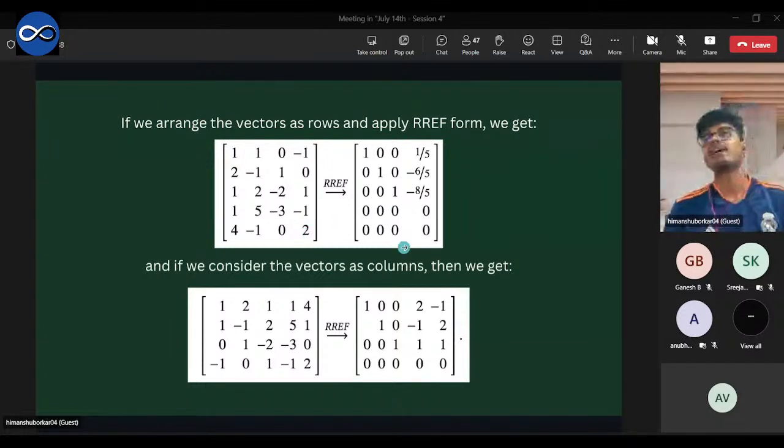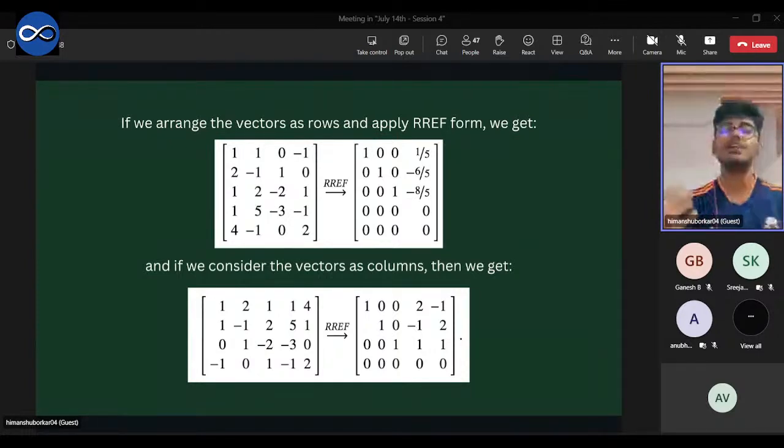So like an intuitive way of thinking it, I'm not really sure of that, but we could say like a reduced row echelon form is nothing but you're trying to represent a given vector as some linear combination of like standard vectors, right?